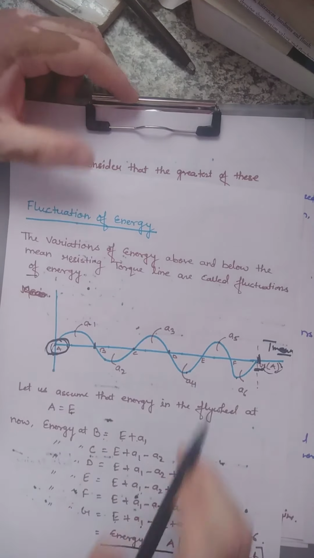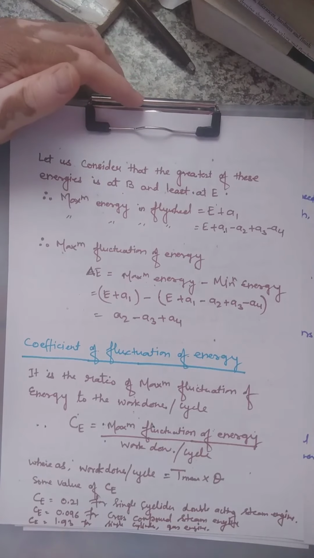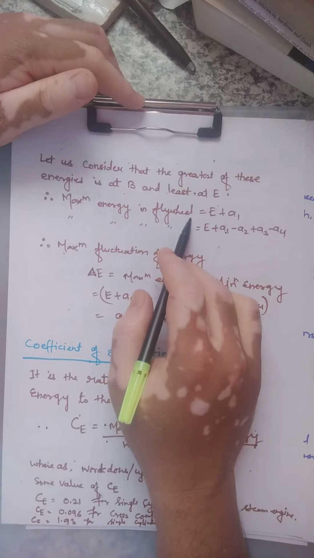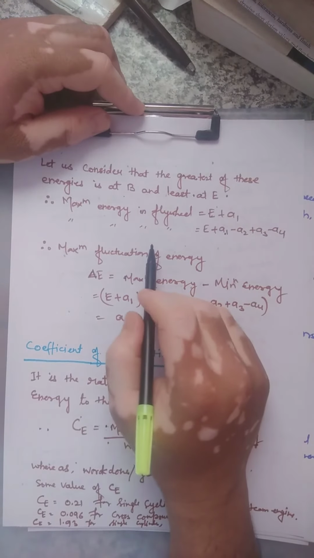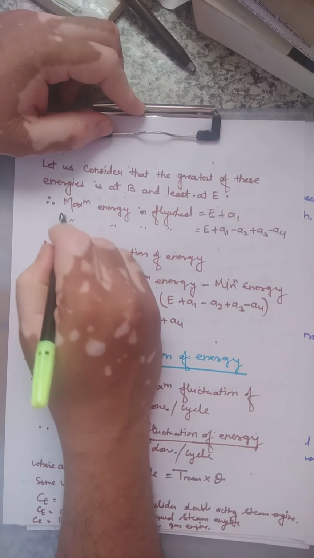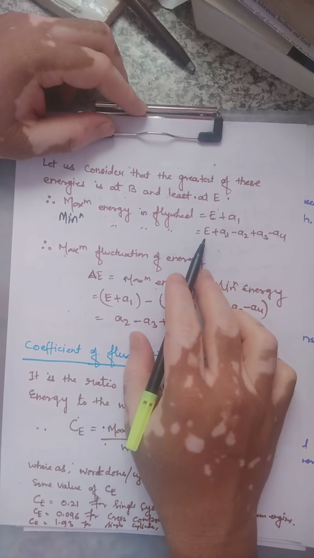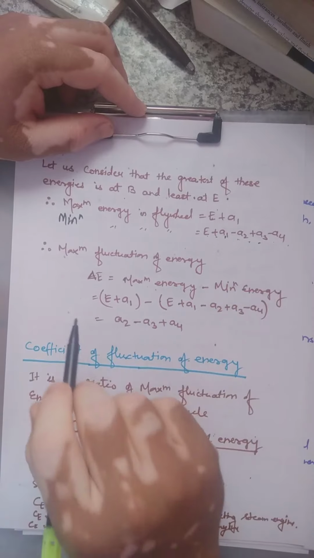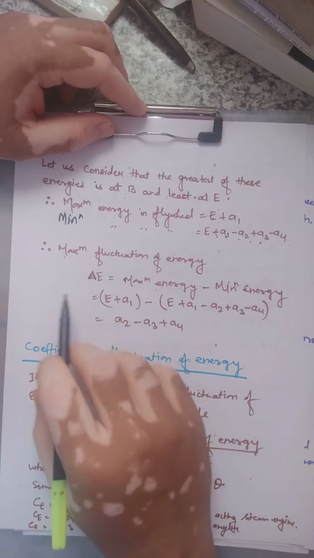Maximum at this point and minimum at this point. Then the maximum energy in the flywheel would be E plus A1, and the minimum energy in the flywheel would be E plus A1 minus A2 plus A3 minus A4. Therefore, what will be the maximum fluctuation of energy?